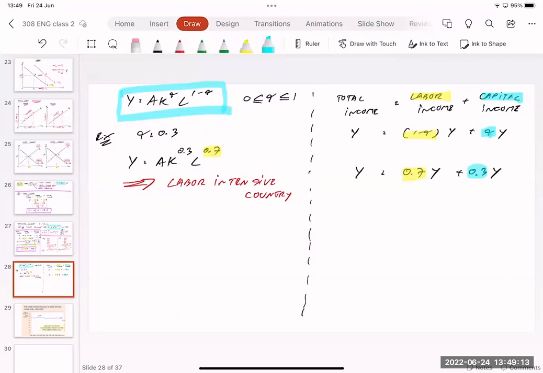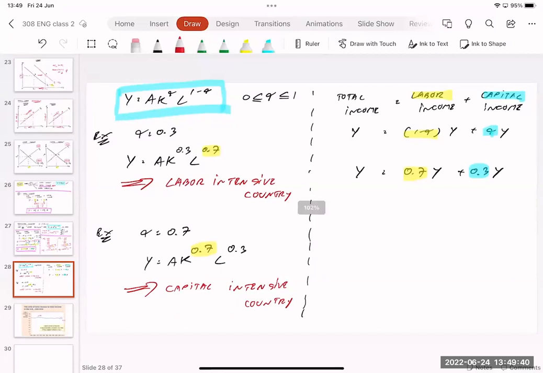On the other hand, if alpha equals 0.7, the Cobb-Douglas equation becomes A K^0.7 L^0.3. This one, your country uses a lot of capital in order to produce something. Your country is a capital intensive country.